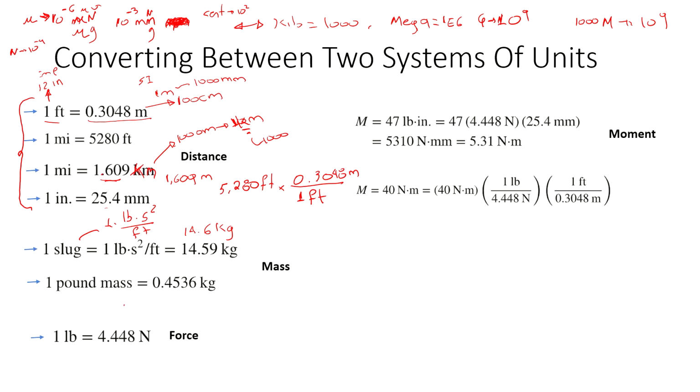Okay, so if you're 150 pounds, if you jump on top of the scale and you find out that you're 150 pounds mass, then if you multiply 1 pound mass times 0.4536 kilograms, this multiplication will give you your weight in kilograms, which I don't know, it will be around 67.